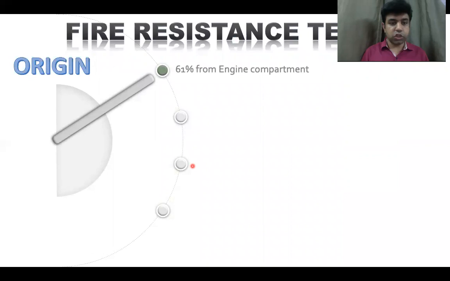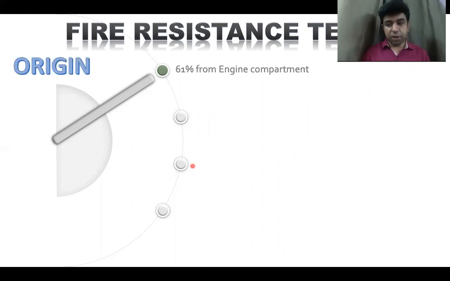Second is the most important aspect. We need to think about how the fire happens and what the origin source of the fire is. This can be achieved by using figures from the past, as well as evaluating fire incidents. We come to the conclusion that in most fire incidents, 61% of the fire is from the engine compartment.